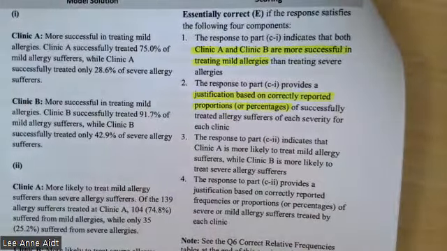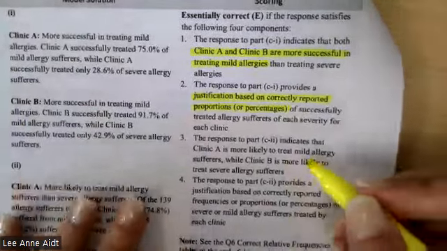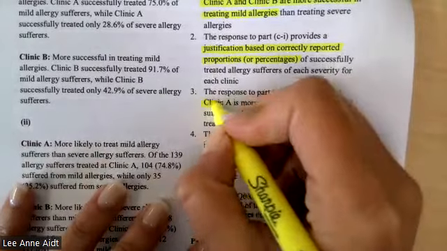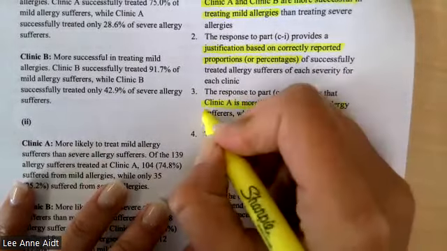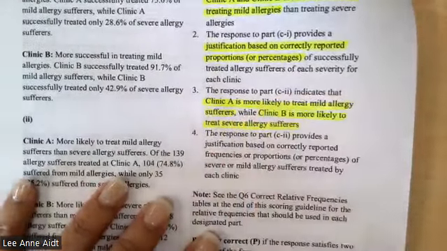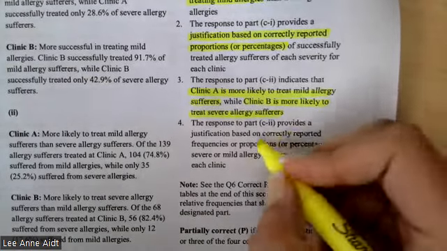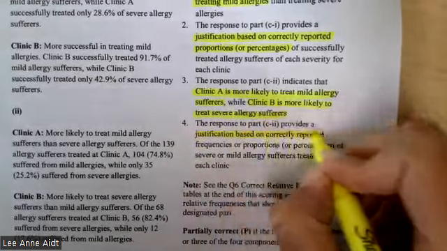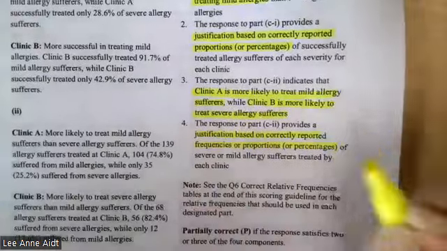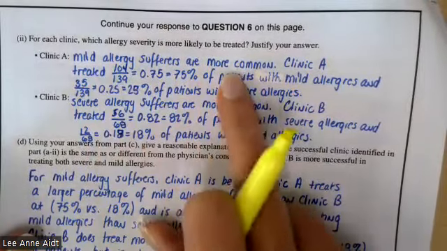Okay, then flip paper over here. You need to say Clinic A is more likely to treat mild allergy sufferers, and Clinic B is more likely to treat severe allergy sufferers. And then a correct justification based on frequencies or proportions or percentages, or all three if your teacher's a weirdo. So mild allergy sufferers are more common.